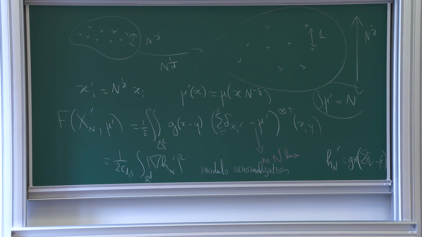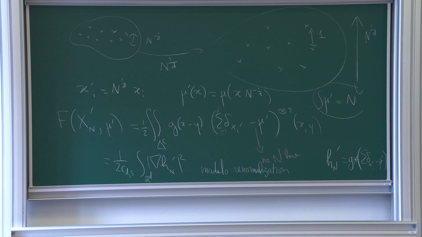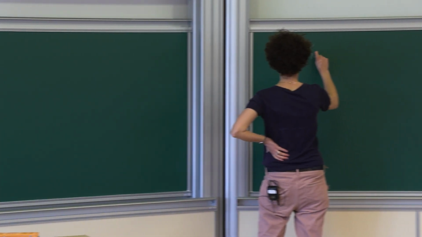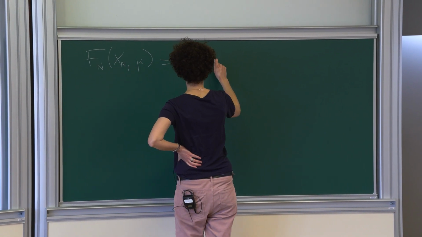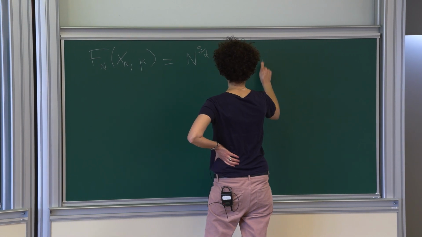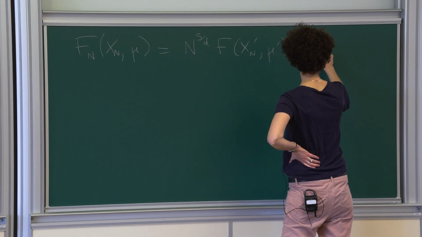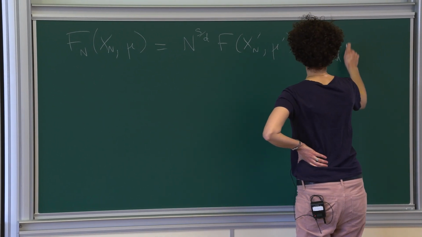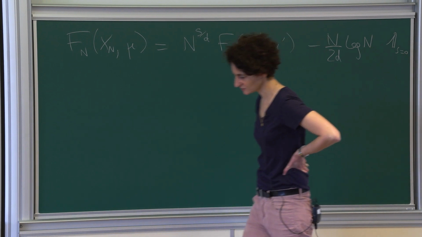Okay? So one of the advantages of zooming is just that it's a more natural scale, because Fn, the original one, is n to the s over d times f of the blown up configuration, plus, or possibly minus, I think it's n over 2d log n in the logarithmic case.